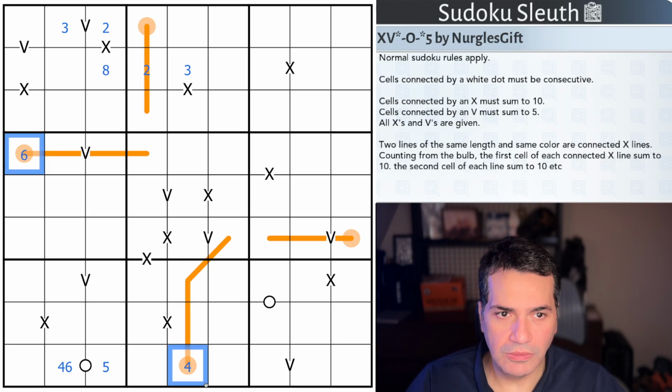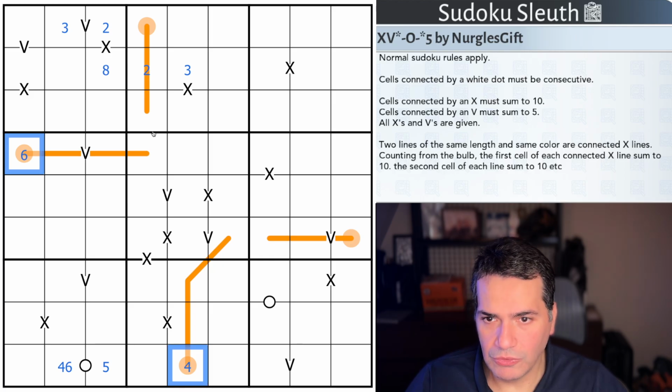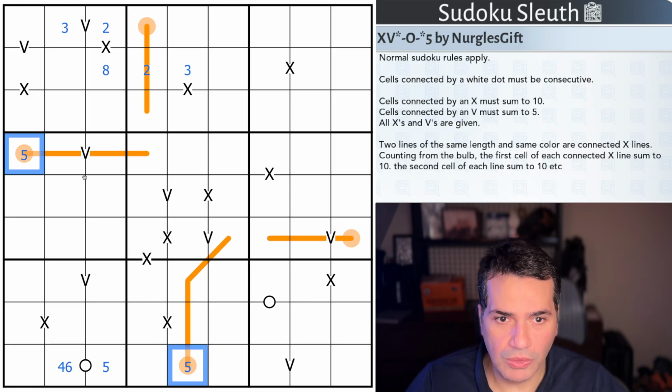Now, normally, NurglesGift says 5s are not allowed. So, for example, in these two cells, if I place a 5 under each of them, they clearly would just connect to 10. They're in different rows, columns, boxes, and they are both on the connected X lines, and they will sum up to 10. Now, I don't know if this is an oversight.